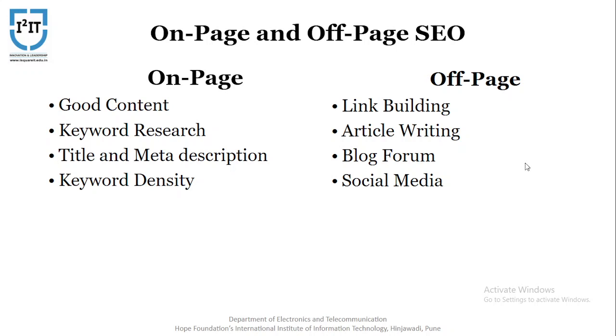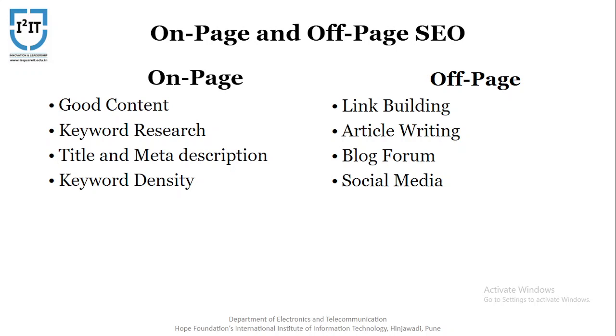In this, we provide search engines good content with excellent keyword selection, putting keywords in accurate places, giving appropriate title and meta description to all the web pages, then checking the keyword density in particular pages, in every page.